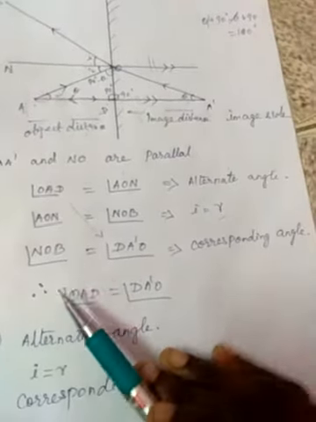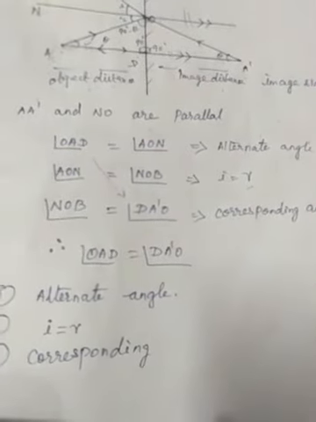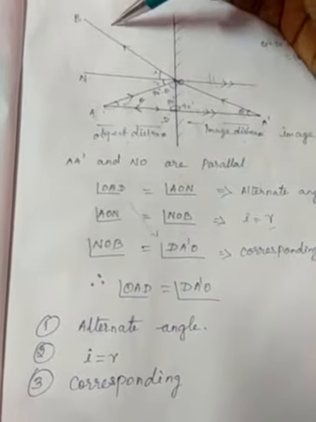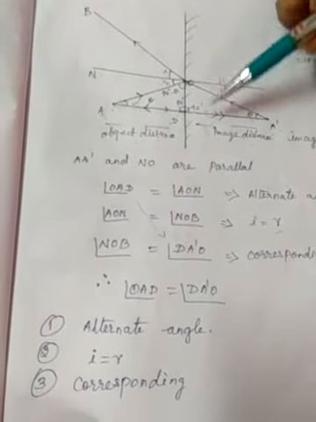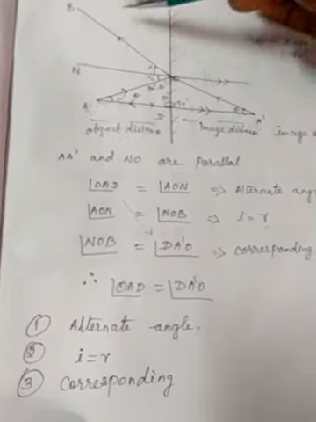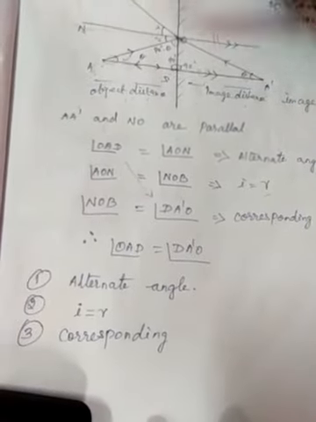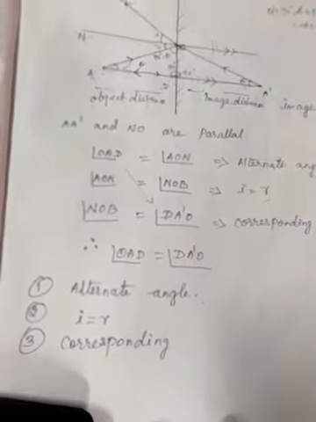Next, angle NOB is equal to angle DA dash O. NOB is the reflected angle, so it is a corresponding angle. DA dash O is also a corresponding angle.